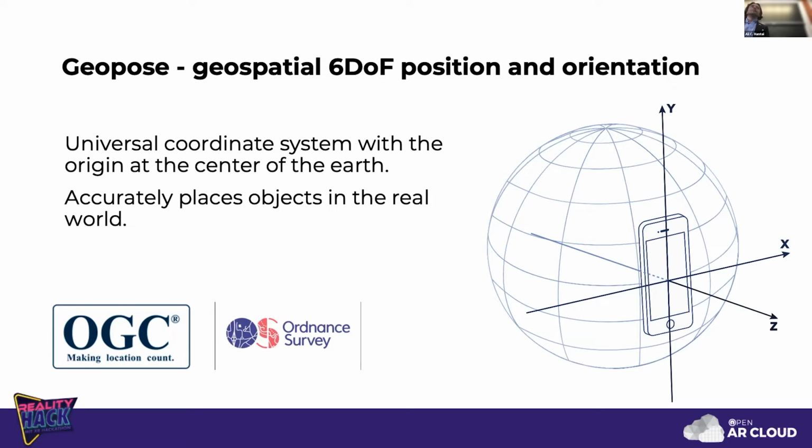And it allows us to very accurately place objects in the real world in position X, Y, and Z, and then a rotation, right? So it's 6-DoF, which is very different from GPS, which has no orientation and also no elevation, height, and it's much more accurate than GPS.